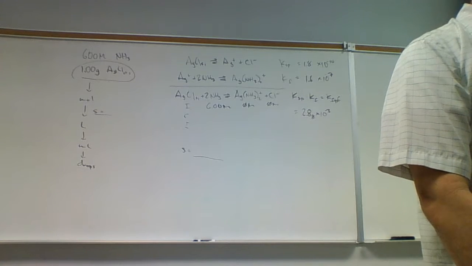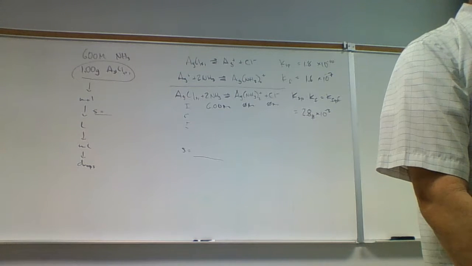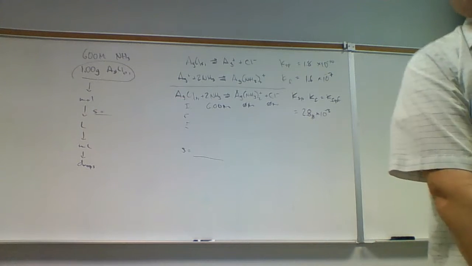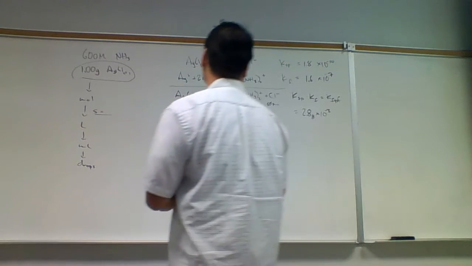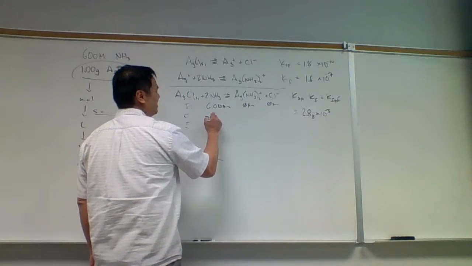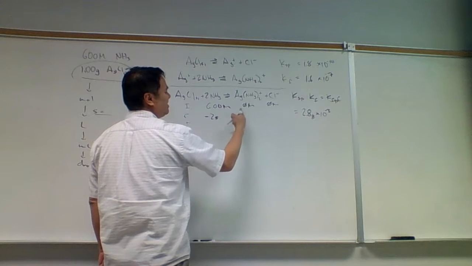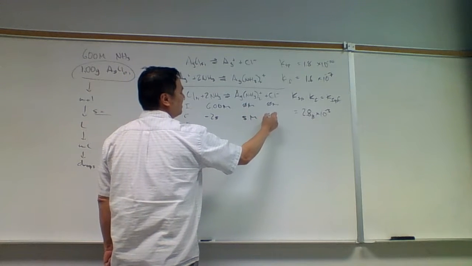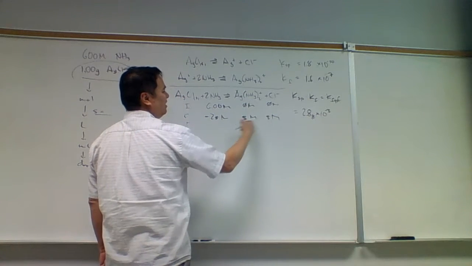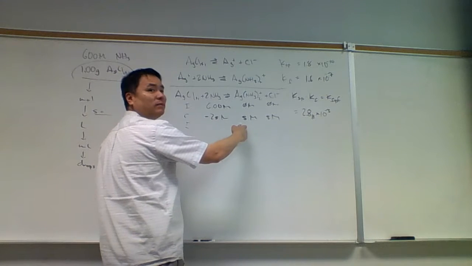For complex ions... I thought we referred to the concentration as X, not S. In this case, this is S, because where does all this come from? This is going to come from the silver chloride dissolving.